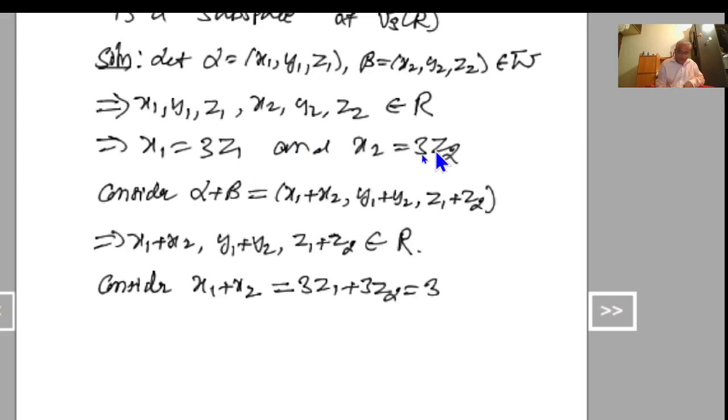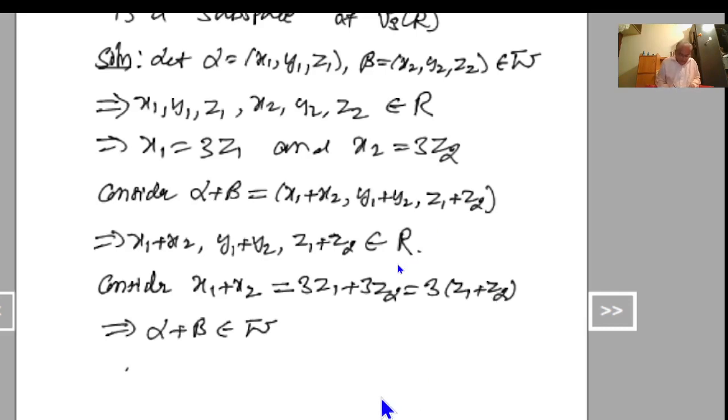This is equal to 3 times z1 plus z2. So here we have x1 plus x2, y1 plus y2, z1 plus z2 belongs to R and x1 plus x2 equal to 3 times z1 plus z2. This implies alpha plus beta belongs to W.